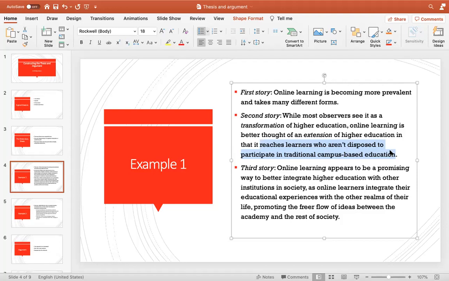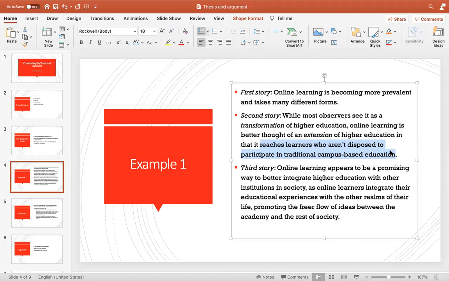So that way online learning becomes an extension of higher education. But this is just one position. Other people might say that, well, you don't need the physical body of the university at all, just replace it with online learning.